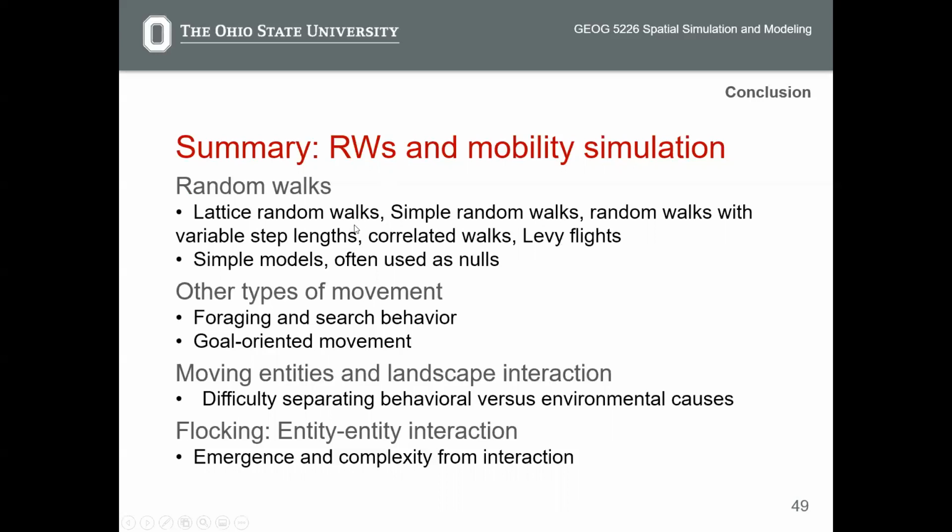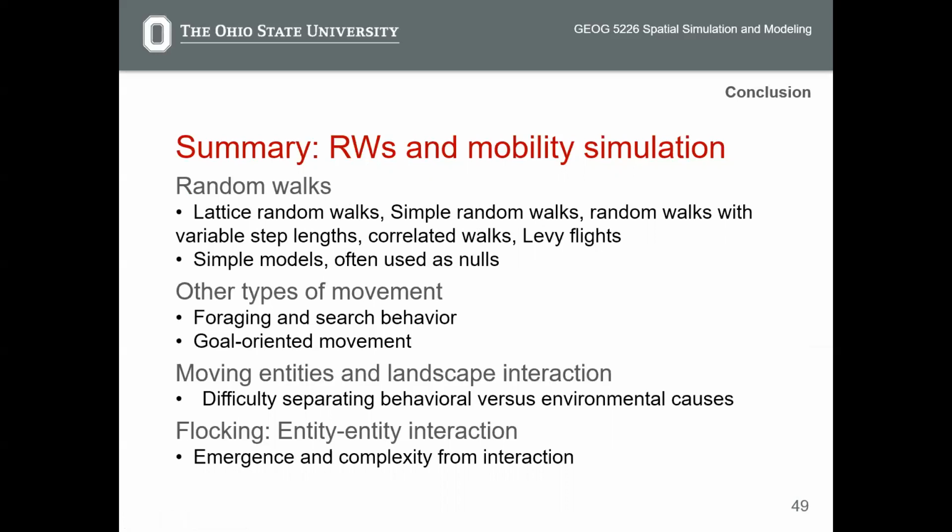These random walk models are very simple, often used as null models, which means when you're trying to explore a new phenomenon, you can use these models as a baseline.